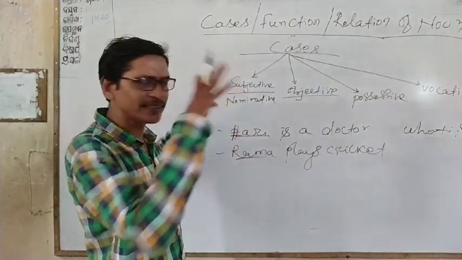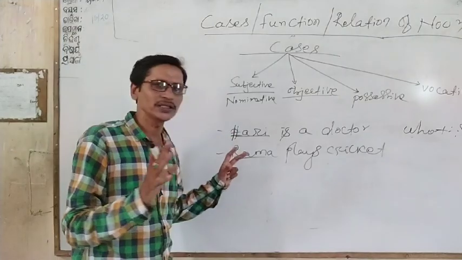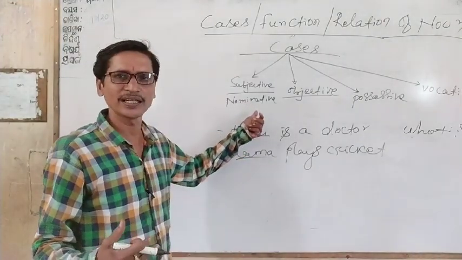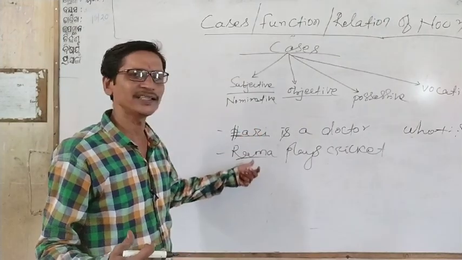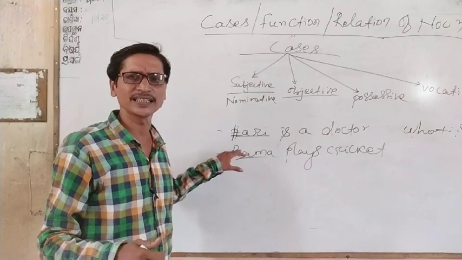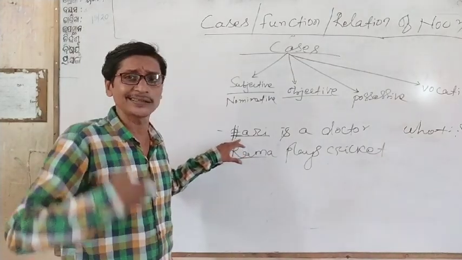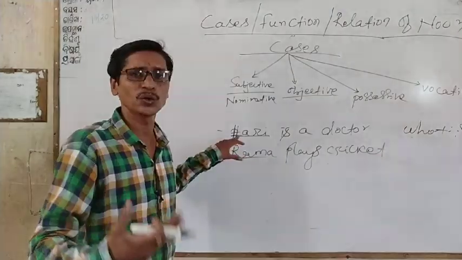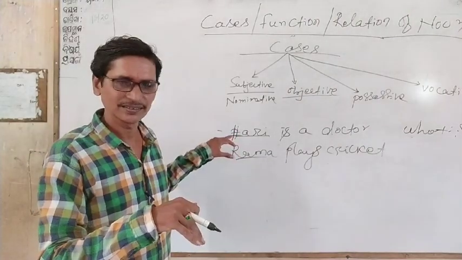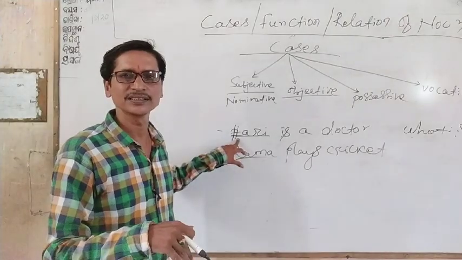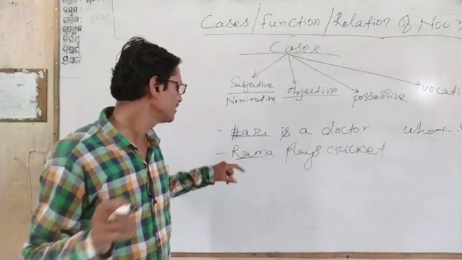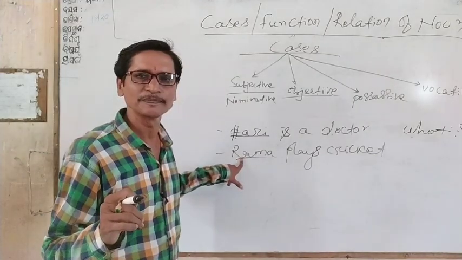In a sentence, when the noun is functioning as a subject, it is otherwise called nominative case. Here you find that the nouns have been used at the beginning of the sentence and we can get the answer when we put the question who. Who is a doctor? The answer is Hari. Who plays cricket? The answer is Ramu.